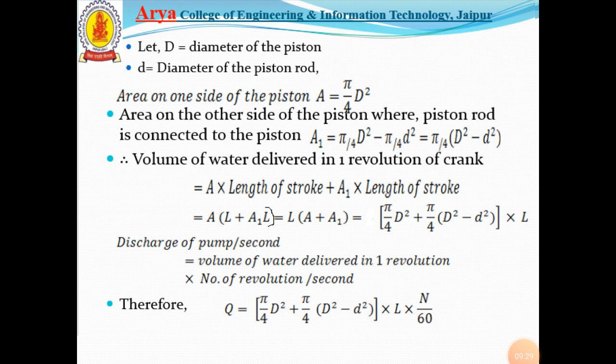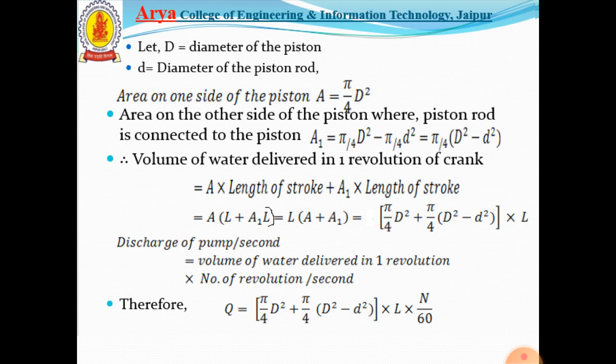Therefore, the volume of the water delivered in one revolution of the crank can be calculated as the area into length of the stroke plus A1 into length of the stroke, that is, area of the piston or cylinder and area of the piston rod, that is, volume equal to A into L plus L into A1, or simply we can get pi by 4 D square plus pi by 4 D square minus d square into L.